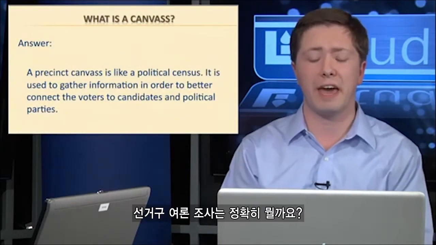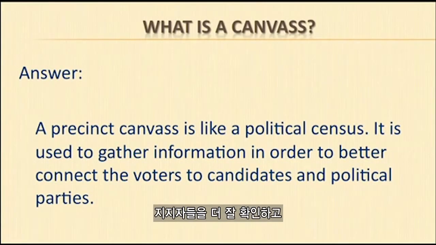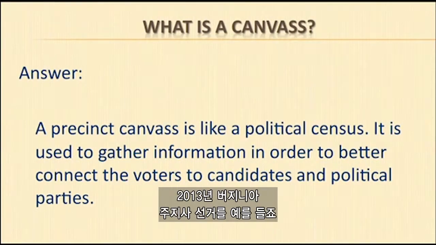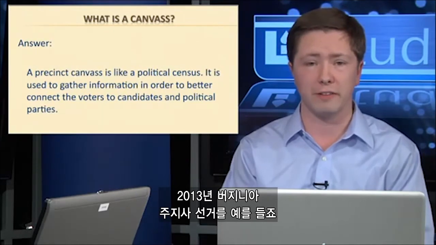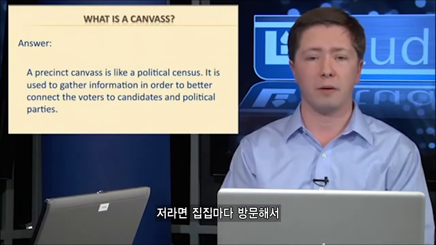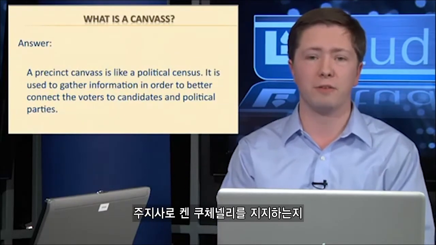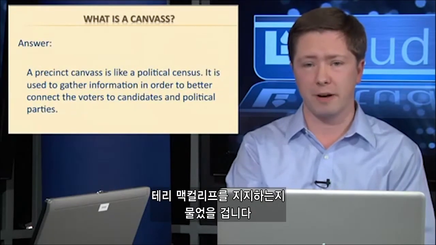So what exactly is a canvass? A precinct canvass is like a political census. It's going to allow you to gather vital information in order to better identify your supporters and to identify those folks and to make sure they come out on Election Day. For instance, if I were running a canvass in Northern Virginia this year in 2013, I would potentially go door to door and say to Mr. Smith, do you support Ken Cuccinelli for governor or Terry McAuliffe for governor?